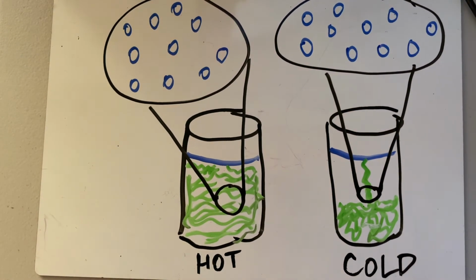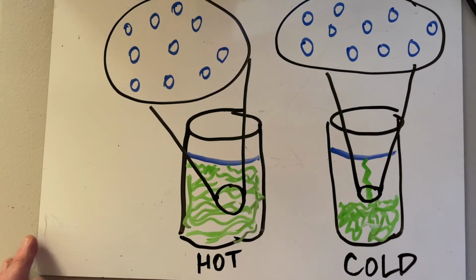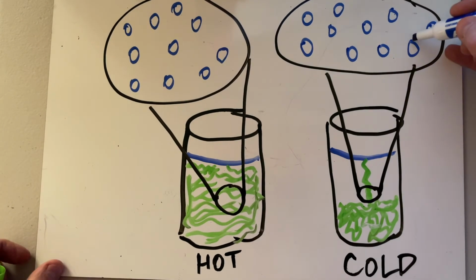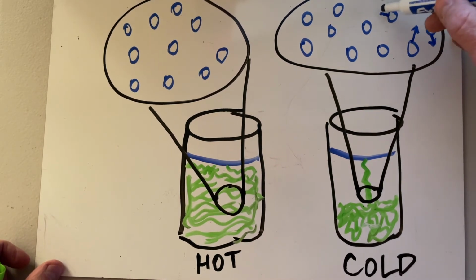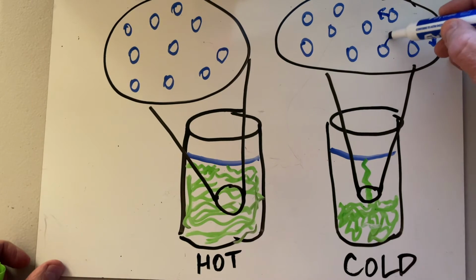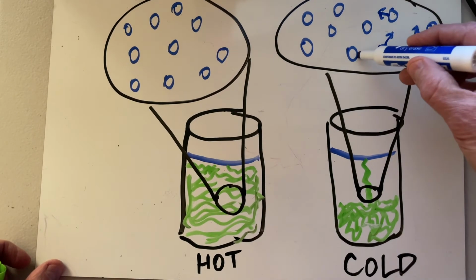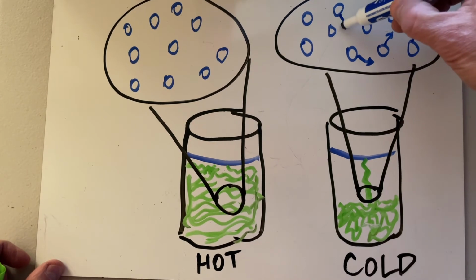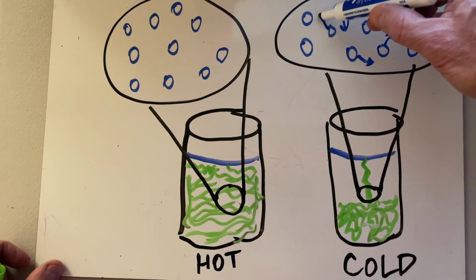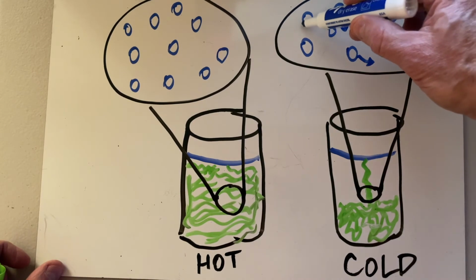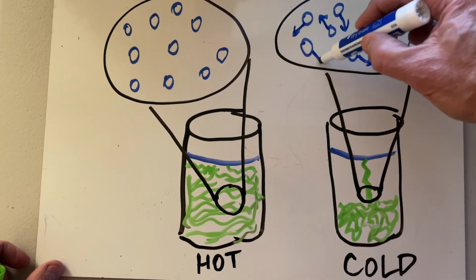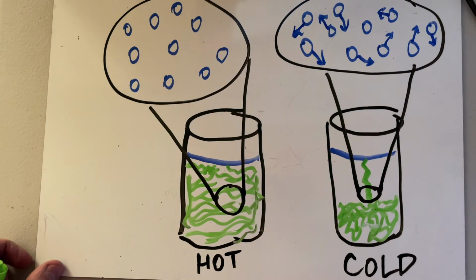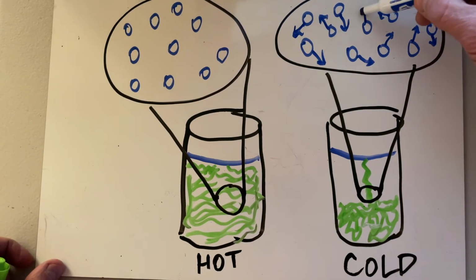Randomly scattered. But my water molecules are moving. In the cold water, they're moving slowly. So I'm going to use short arrows, and the water molecules are moving in random directions. They're not all moving in the same direction. They're moving in random directions, but slowly. Short arrows mean they're moving slowly. This one too.